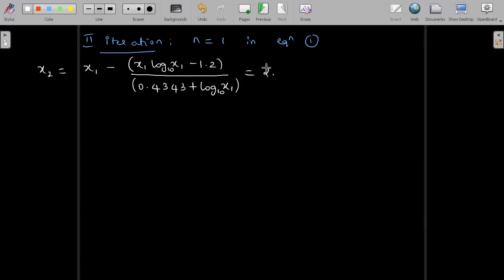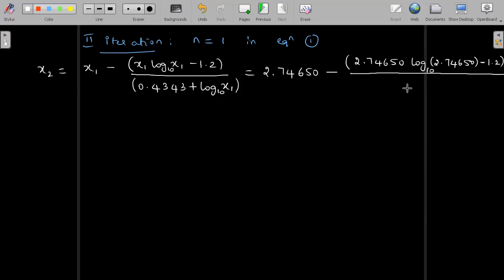So 2.74650 minus 2.74650 into log of 2.74650 to the base 10 minus 1.2, the whole divided by, for the second term, 0.4343 plus log of 2.74650 to the base 10.